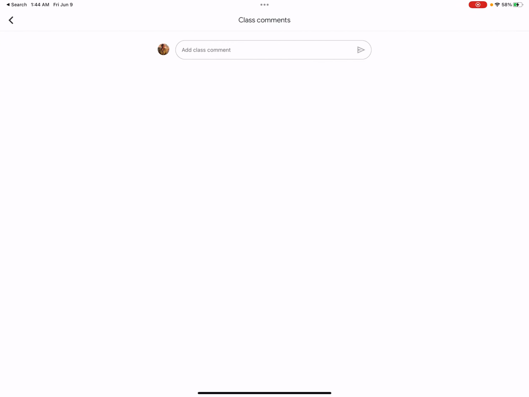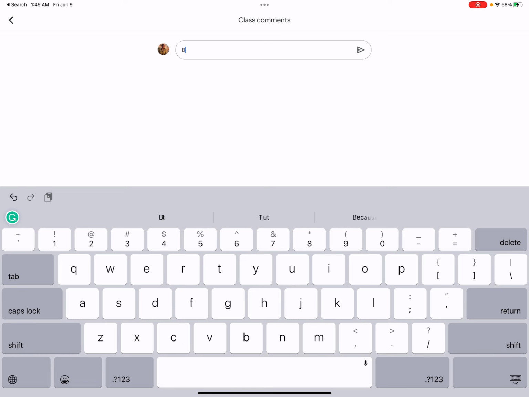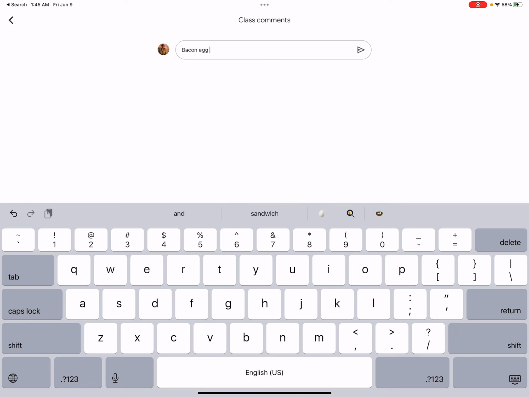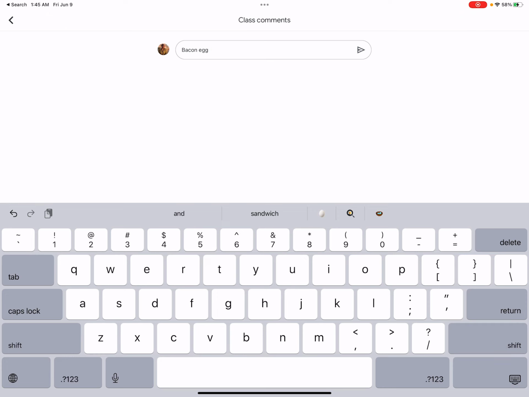So it's 1:44 a.m. right now. So I didn't eat breakfast yet, but I plan to have a bacon, egg, and how do I do and, I feel so old, man. I can't find the and symbol. Oh, shift. Okay, here we go. Bacon, egg, and cheese.